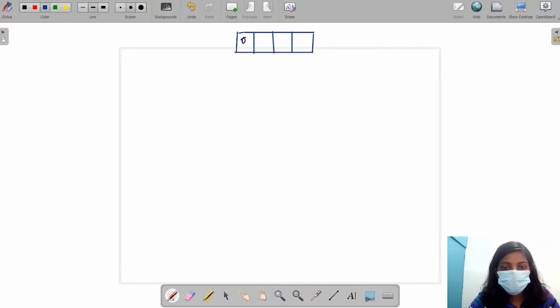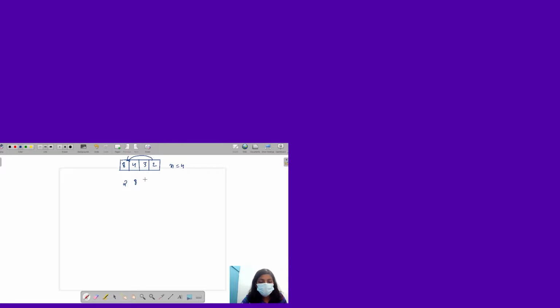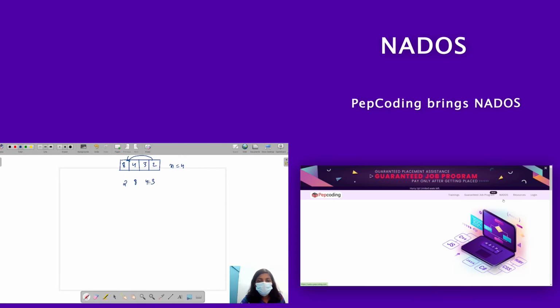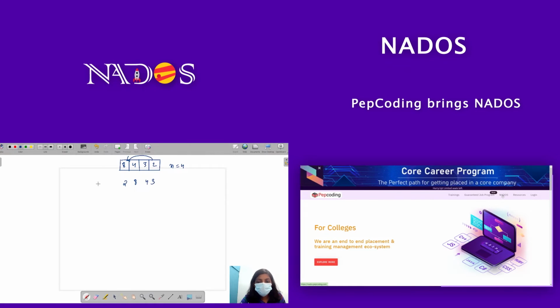It has elements 8, 4, 3, and 2, and n here is equal to 4. So I can have rotations, right? I can have n rotations, but I can only rotate one element at a time, so that I rotate this 2 here, so it becomes 2 8 4 3. Now, this is my 0 rotation.